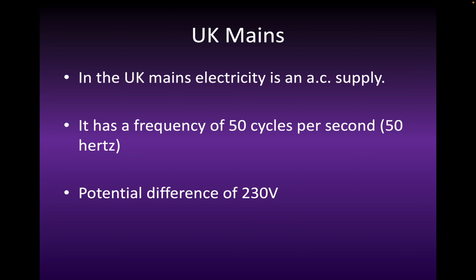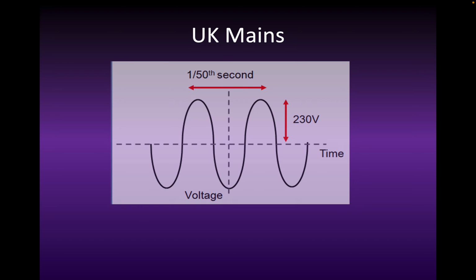And the potential difference over the whole cycle is as if you had a DC supply of 230 volts. Well, obviously the peak voltage will be higher than 230 volts, and it's beyond the GCSE specification to have to worry about that. Okay, so over here they've drawn a 50th of a second between two peaks.